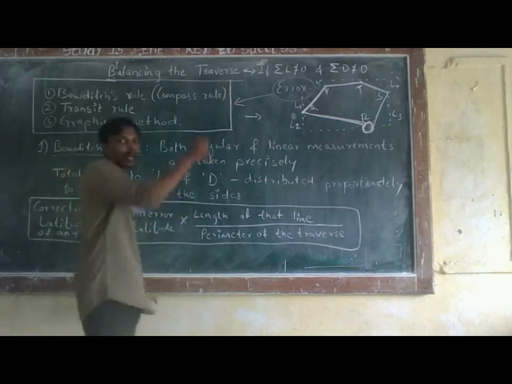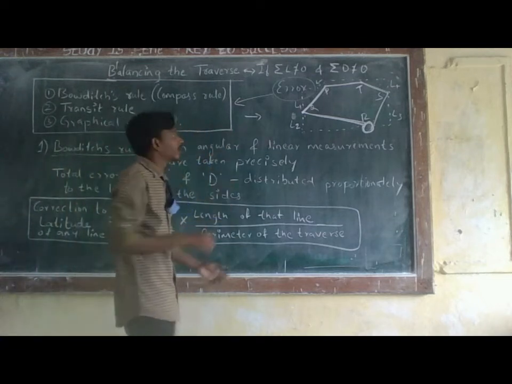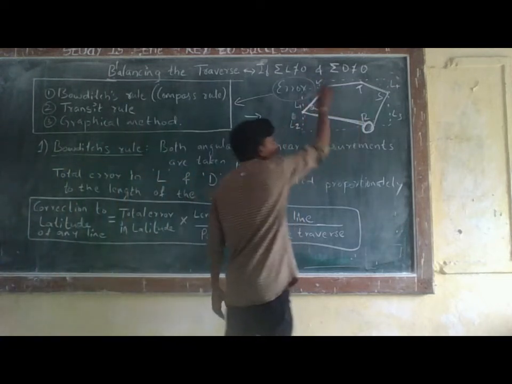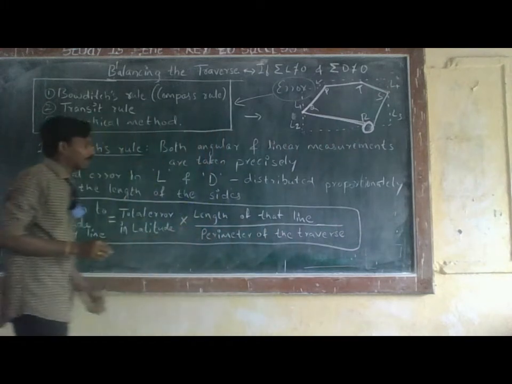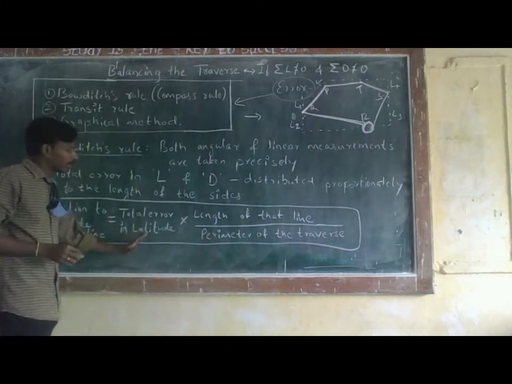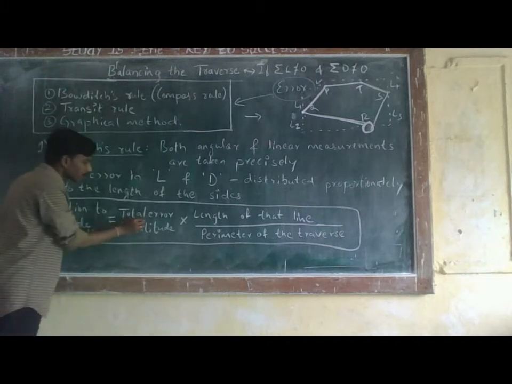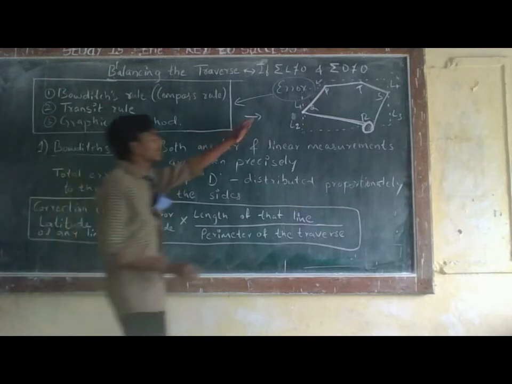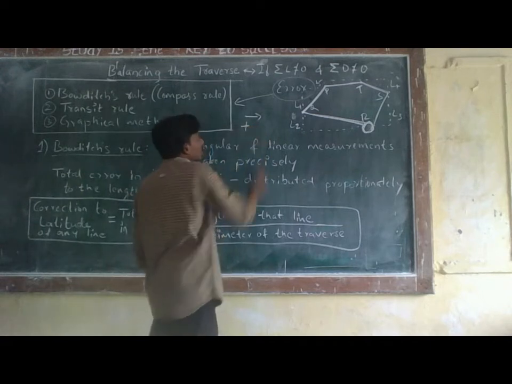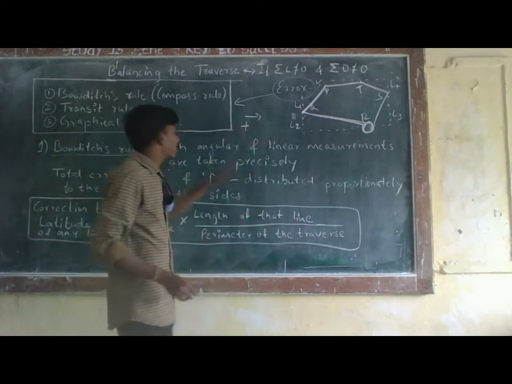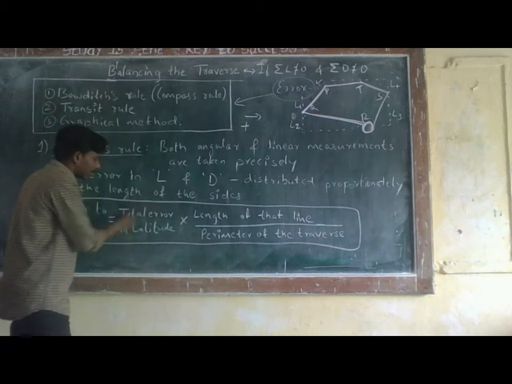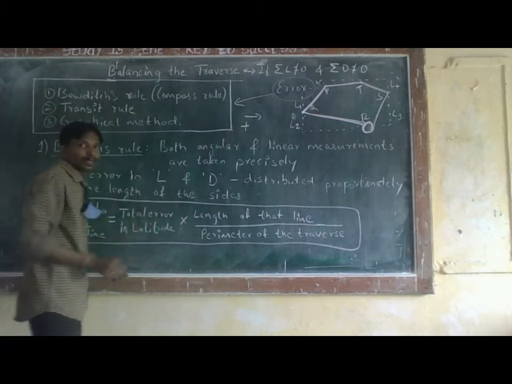The value you get after taking the arithmetic sum of all the latitudes of the given traverse will be the total error. While taking it, if the error is positive, then you have to take the total error in latitude as negative.